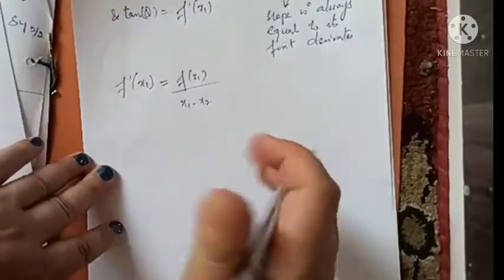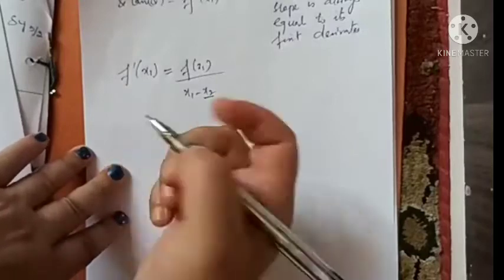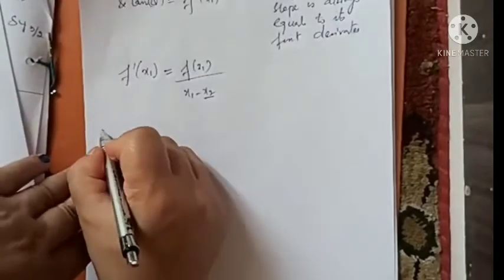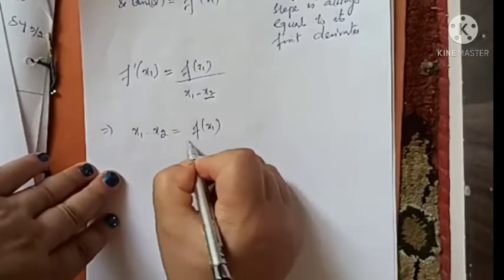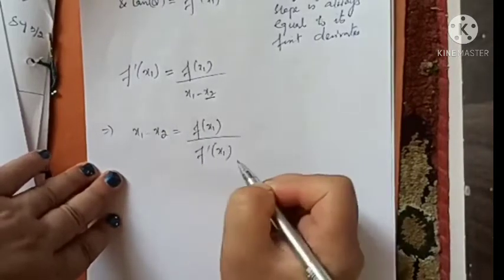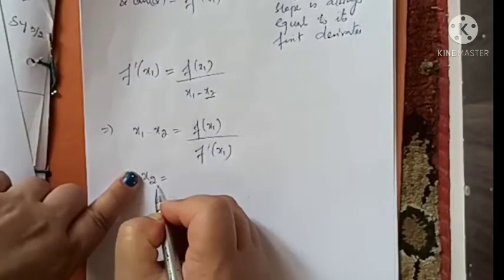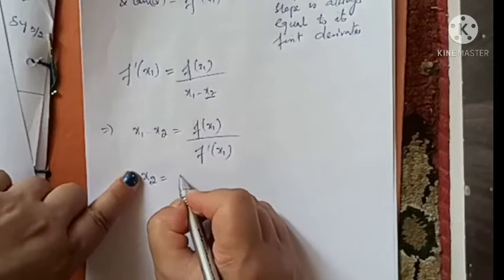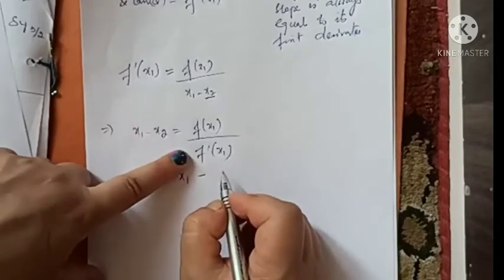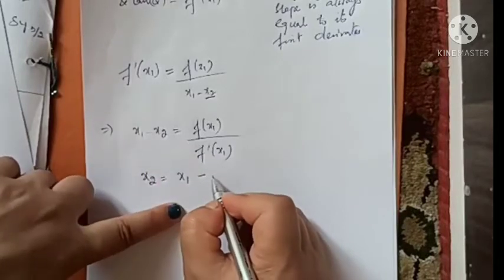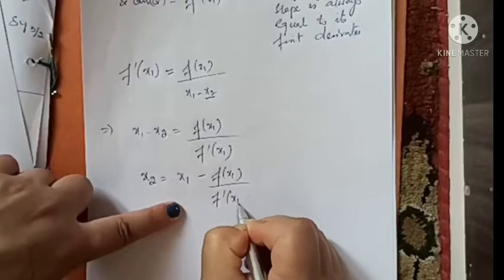What we have to find is this x2, right? So if we cross multiply, shift and simplify, x1 minus x2 will be equal to f of x1 divided by f dash of x1. So x2, which we have to find, will be equal to x1 minus f of x1 divided by f dash of x1.